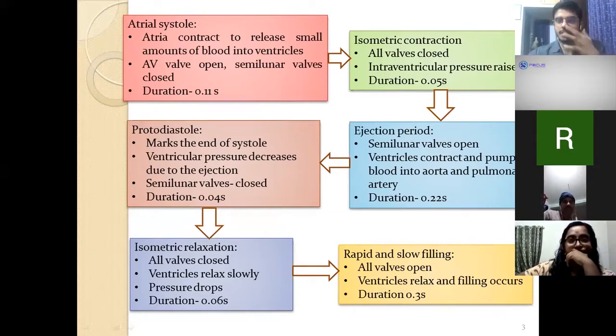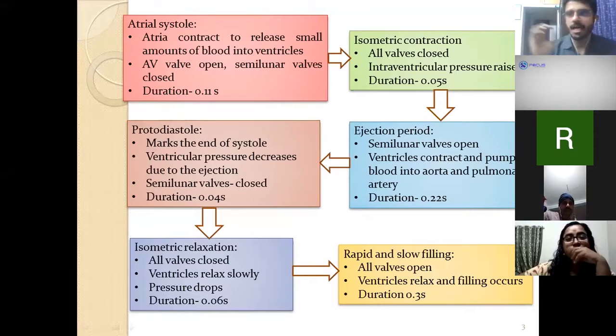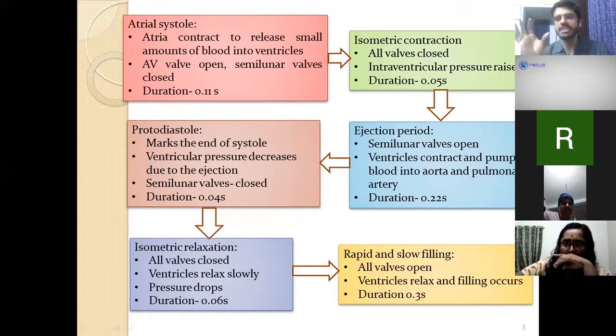Once isometric contraction occurs, the heart is ready to eject the blood. That means now the pressure within the ventricles is more than the pressure inside the adjoining blood vessels. On the right side, the pressure in the right ventricle is more than that of the pulmonary artery.